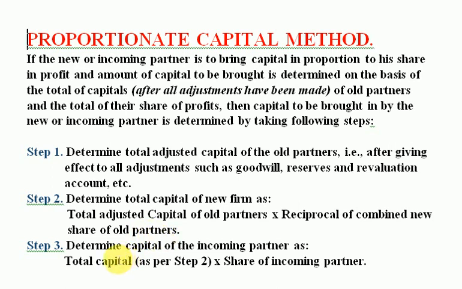Step 3, after you have arrived at the total capital of the new firm, we determine the capital of the new partner by multiplying by his share. So these are three simple steps to calculate the proportionate capital of the new partner.